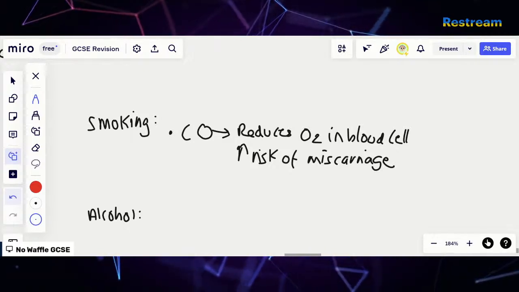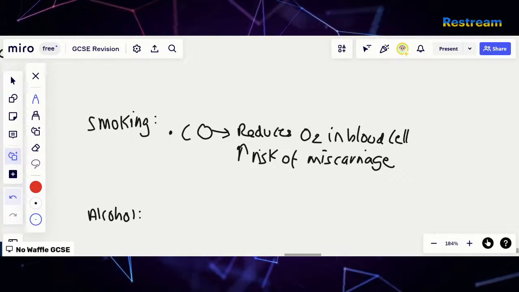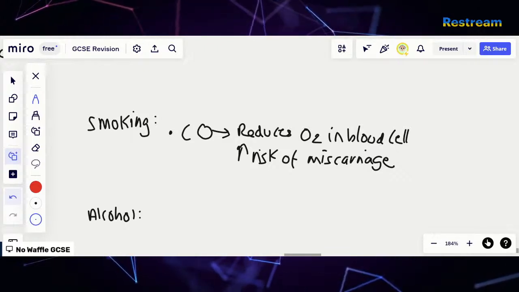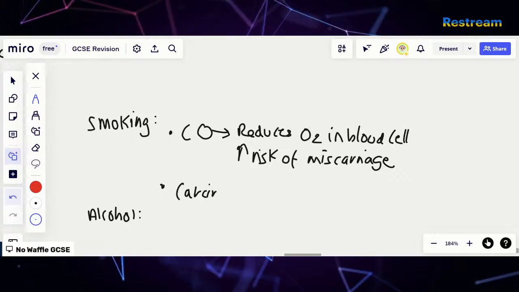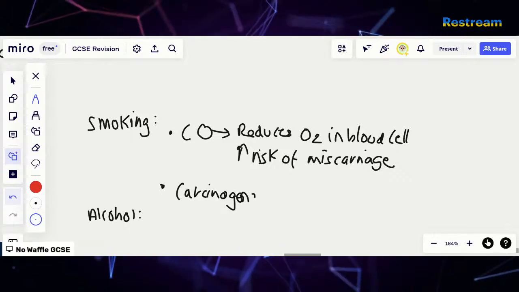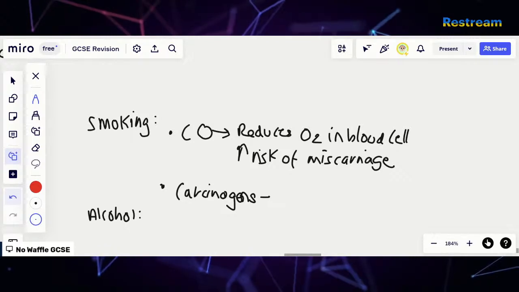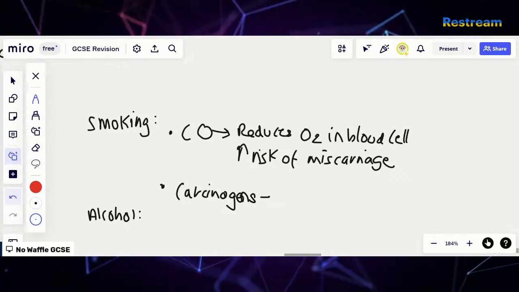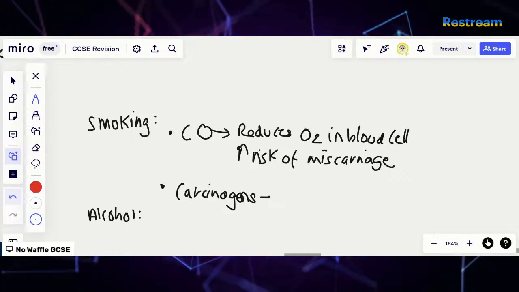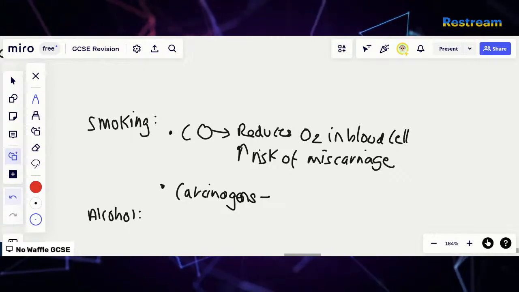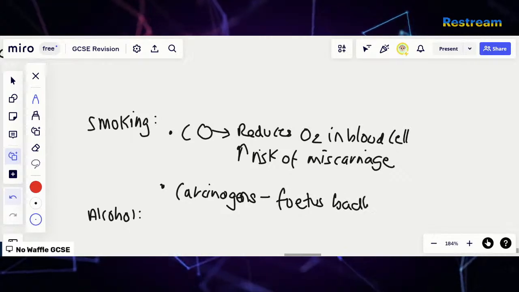Carcinogens are things that cause cancer and increase the risk of cancer. So smoking not only risks the pregnant woman getting cancer, but also the fetus. The fetus can be badly affected from the cancer.